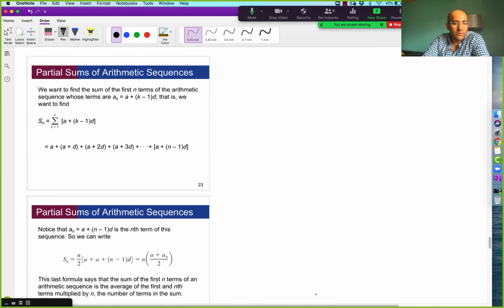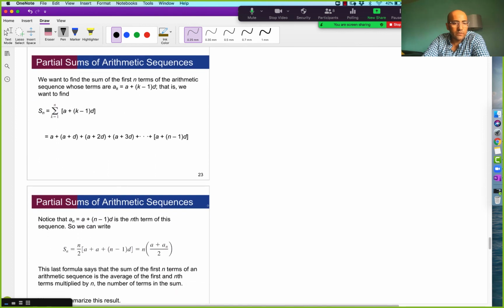Let's see what your author did here. Okay, same kind of thing. If we want to find the sum of the first n values of a given arithmetic sequence, here they are. Here's the first term, the second term, the third term, the fourth term, so on and so forth. This is the nth term.